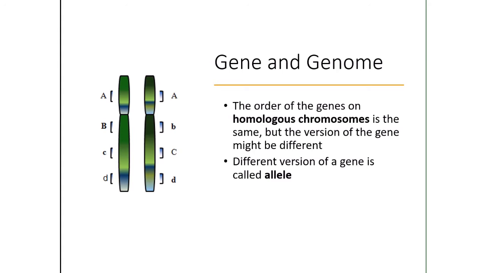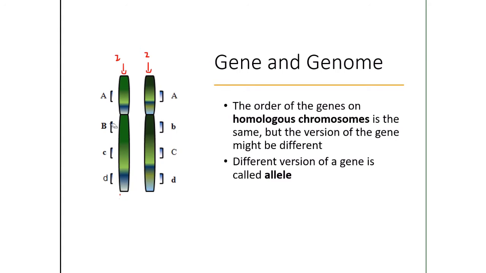These chromosomes that are matched, so for example, this could be chromosome 2 from dad, and this could be chromosome 2 from mom, are called homologous chromosomes. Homologous chromosomes are the same size, same length, and they have genes in the same order. So if this is gene ABCD, the other one is going to be in the exact same order. However, the version of the gene might be different.